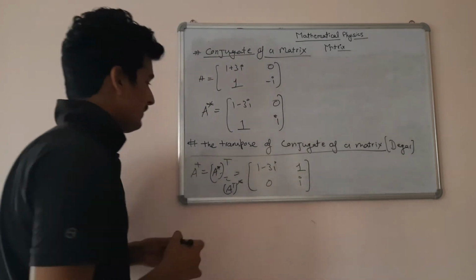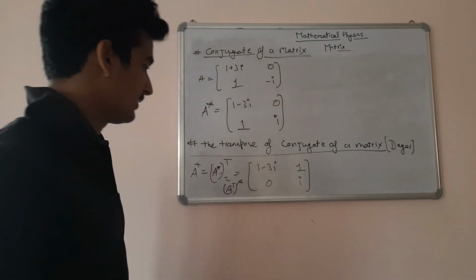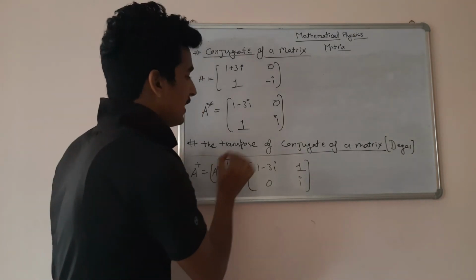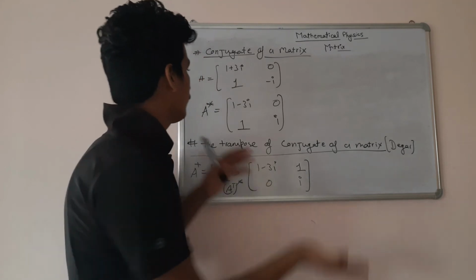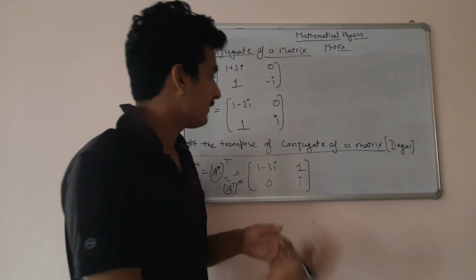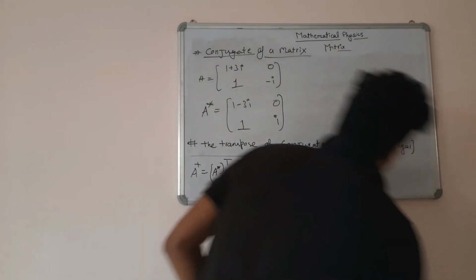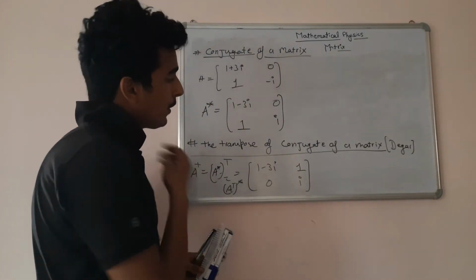So this becomes A dagger. There is a matrix A and its dagger is this. So dagger is simply the transpose of the conjugate. You can do the conjugate first or the transpose first, whatever you want, the result is the same. So this is dagger. Hope you all understand it.